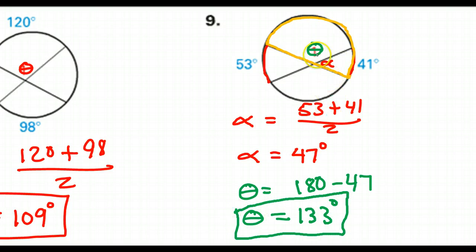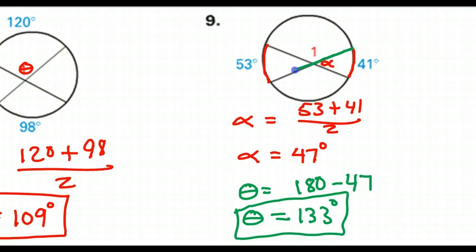Alright, some kids have a hard time understanding why the answer is not 47. So I'm hoping that you see that, just going back a couple steps, when I have these two arcs that are lined up like this, the 53 and the 41, it almost makes a straight line between the 53 and the 41, and the angle that you need has to be the angle that's in the middle between them.